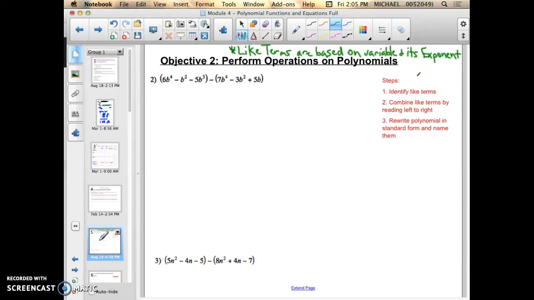And I've laid out the steps you need to take when performing an operation on two polynomials. So again, I have identified two polynomials in my first example. The first polynomial has two key features: the highest power is 4, right here, and it has 3 terms.